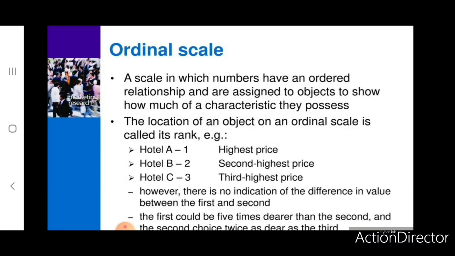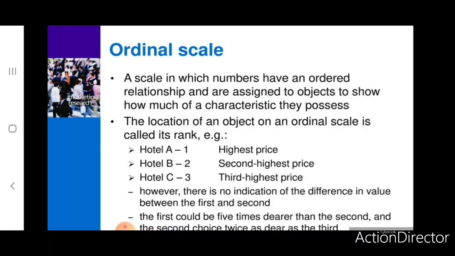This is a scale in which numbers have an ordered relationship and are assigned to objects to show how much of a characteristic is possessed. This level of measurement enables one to make ordinal judgments. The numbers have all the features of nominal measures and also represent the rank order of the entities measured.